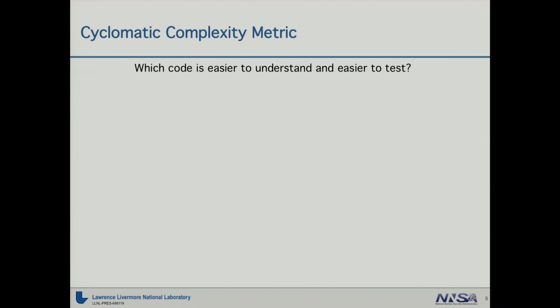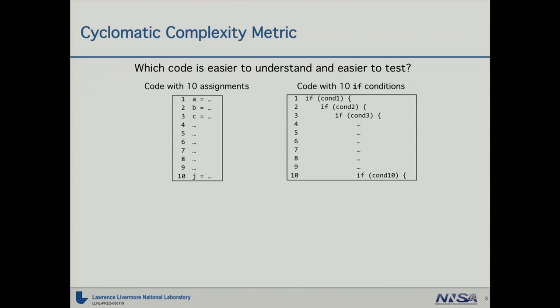So let me give you an idea of what this metric means. If I give you two programs with 10 lines, and in one program we have 10 assignments, and in the other program we have 10 if conditions, which program is easier to understand? Well, the first one, because we only have one execution path there.